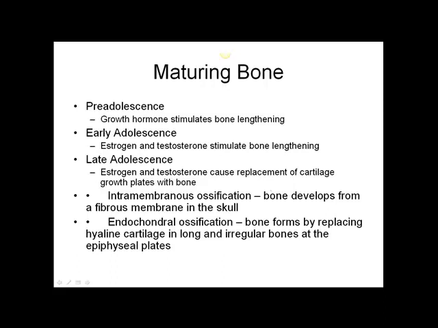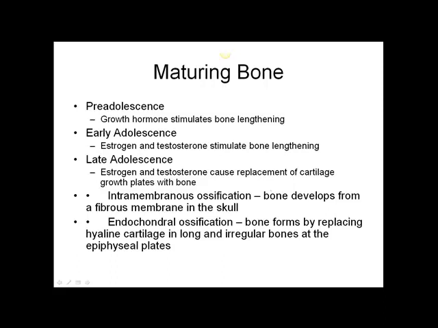And then in late adolescence, estrogen and testosterone again cause replacement of the cartilage growth plates with bone. So we do have a remnant of our growth plates, but they don't grow anymore as adults.